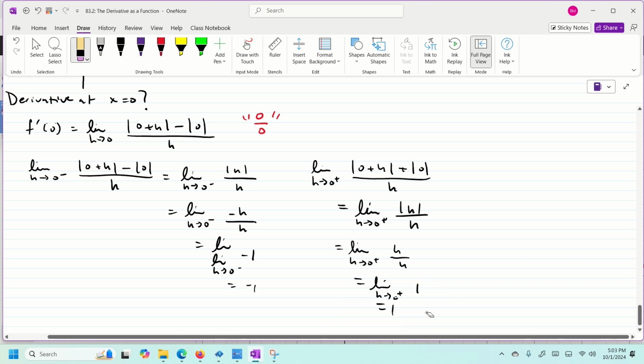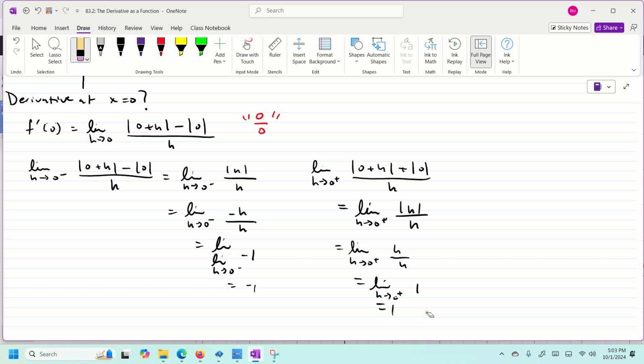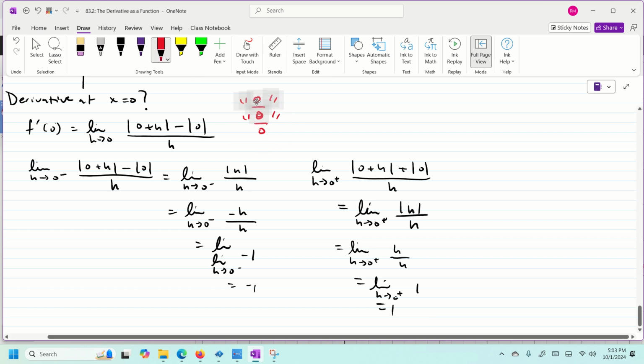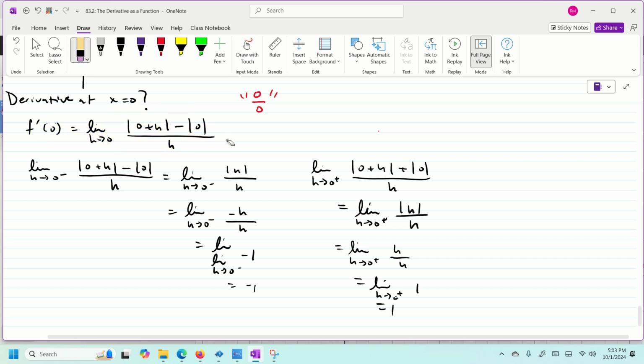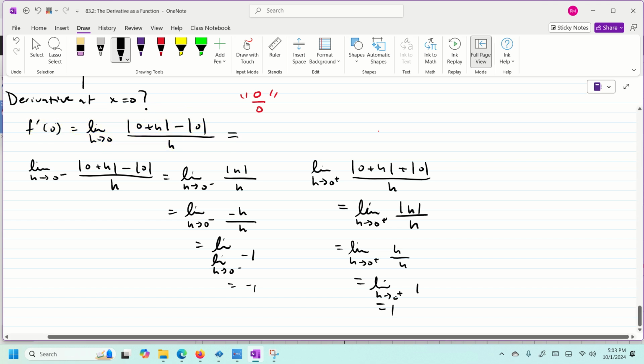These guys do not match. Therefore, the two-sided limit does not exist. So again, our derivative at 0, which is that two-sided limit, does not exist.